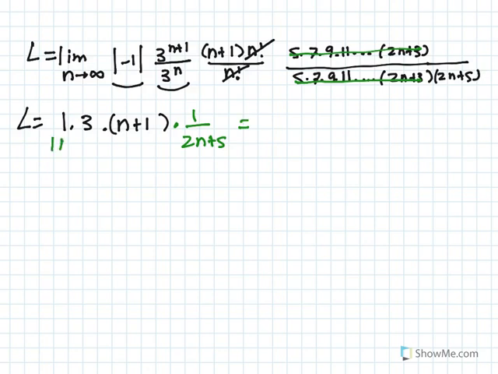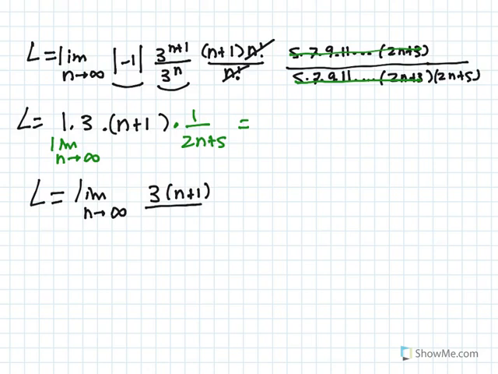And let's put limit as n approaches infinity. So let's clean it up a bit. L is equal to limit n approaches infinity 3 times n plus 1 divided by 2n plus 5.